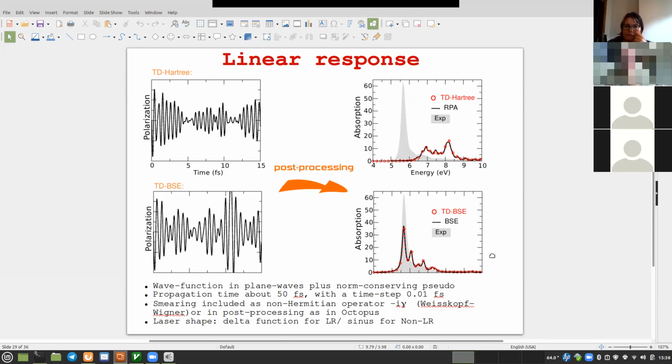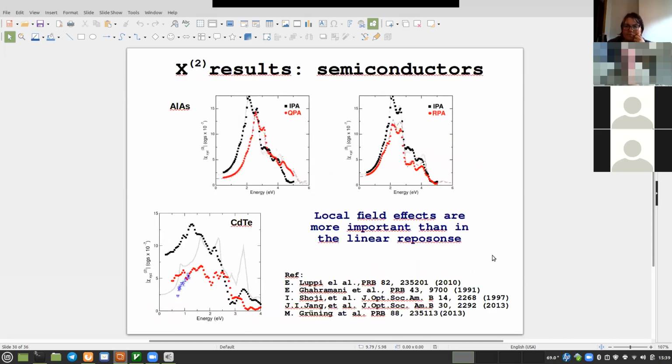This was for linear response. The same can be done for nonlinear response. These are some examples of second harmonic generation in bulk semiconductors. The dots are our calculation and the lines are calculations from other groups, just to check that the code works.